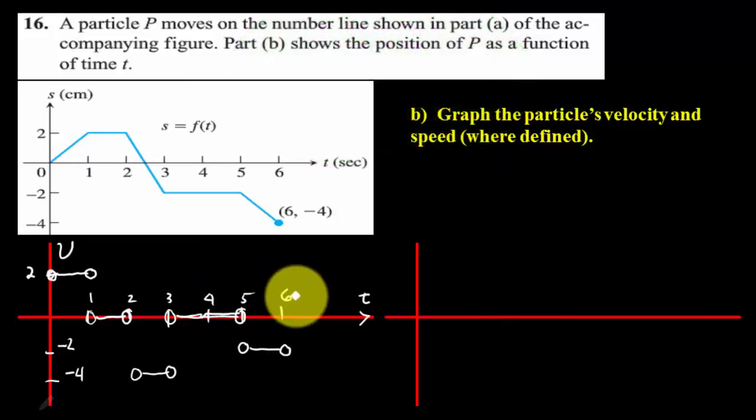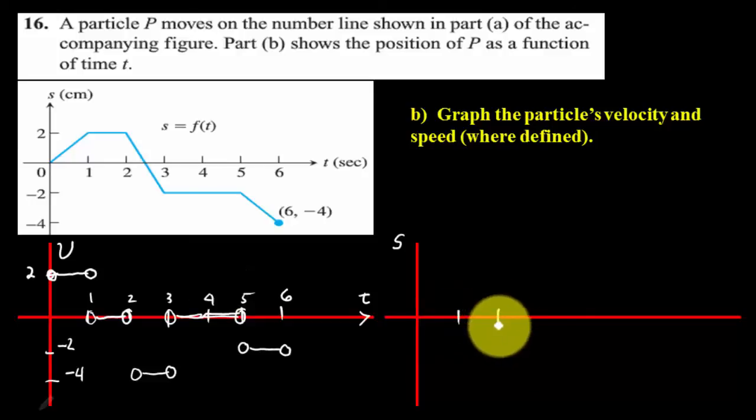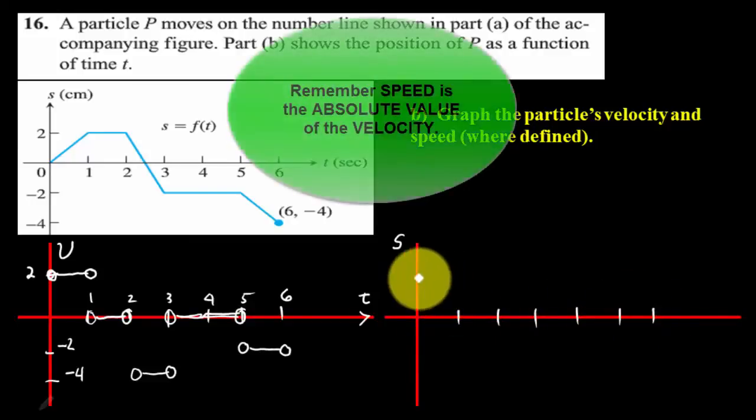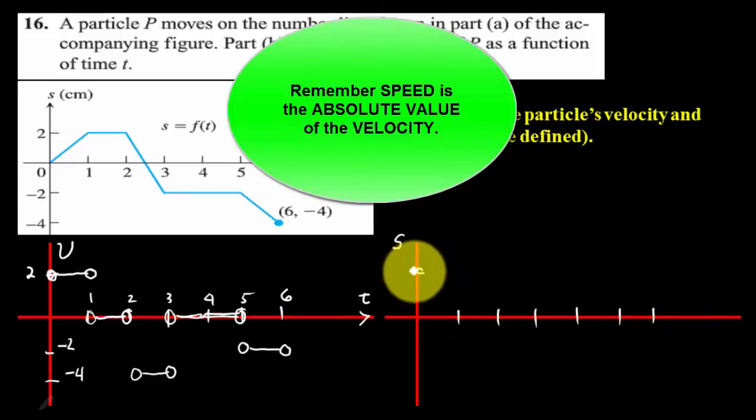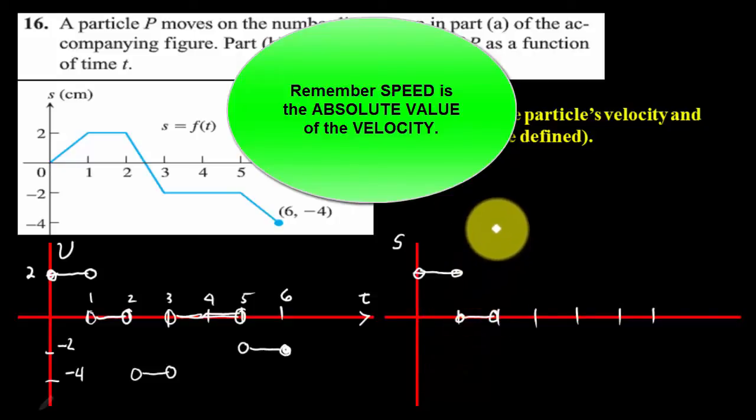What is the difference between the velocity and the speed? Anything that's negative, you just bring it up to positive. So 1, 2, 3, 4, 5, 6. The 2 stays the same because of the absolute value. Okay, we can cover that because it's an endpoint. And then the absolute value of 0 is still 0. The absolute value of -4 is +4.